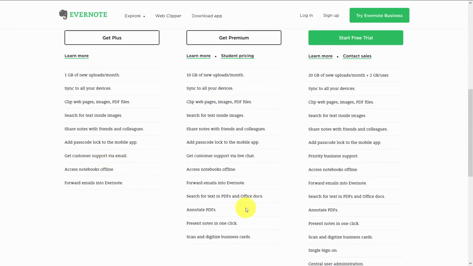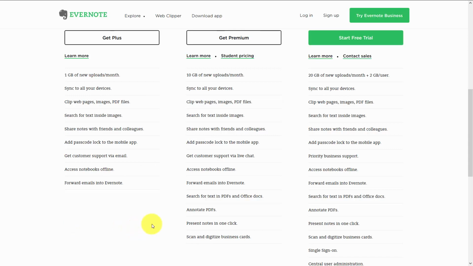For example, if you want access to your PDFs and your Office documents by search, you'll need to get a premium level. Or if you're going to be adding notes to your PDFs when you categorize them, or if you're going to be using your notes as a presentation, you will need the premium level. And lastly, you'll need the premium level if you're going to be scanning and digitizing business cards.